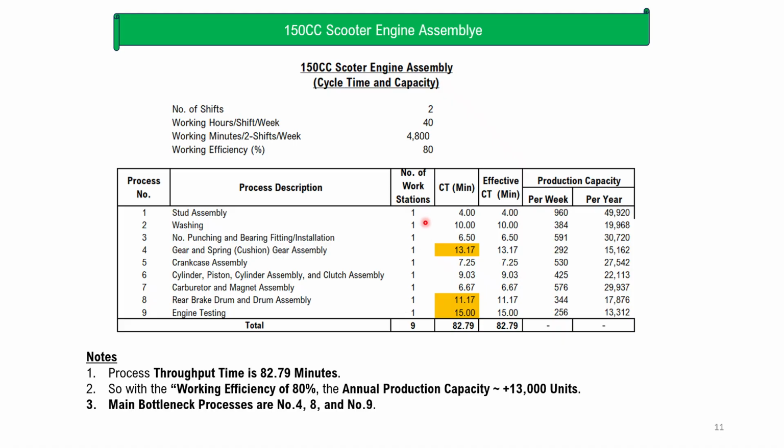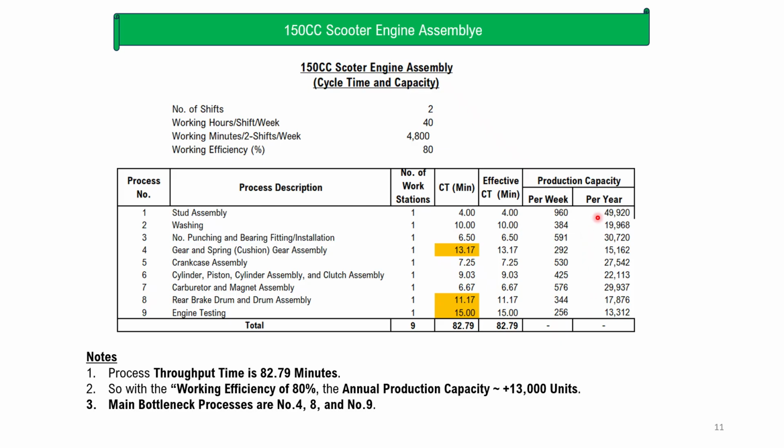Cycle time, as we have already mentioned, and we can calculate this is cycle time, this is effective cycle time based on the number of workstation. So based on 40 hours working per week, we have this capacity, and the capacity per year is this one.